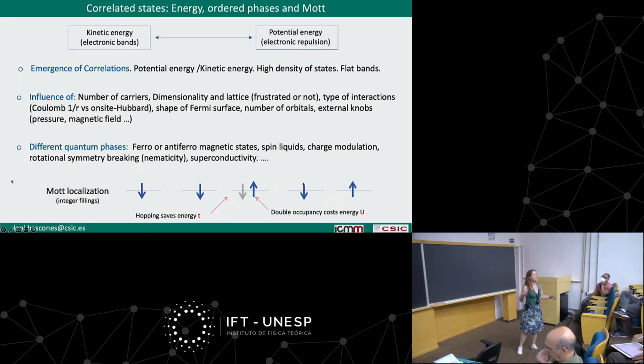So if this U, this interaction, is very large as compared to the kinetic energy, at some point the system will consider that it's not energetically interesting to be metallic.